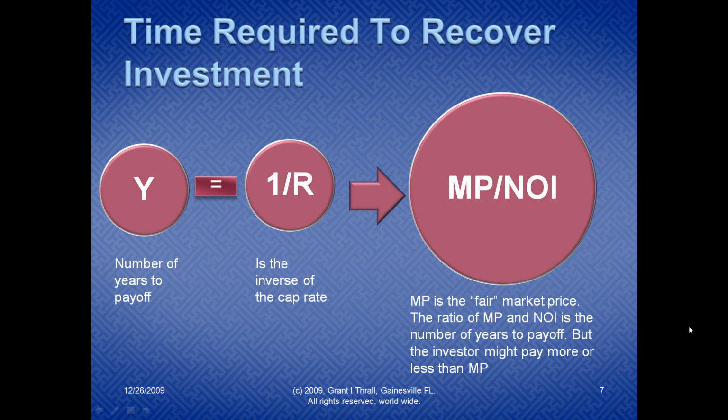This tells us the number of years to pay off. But the actual price paid by the investor might be more or might be less than the market price, depending upon the circumstances.